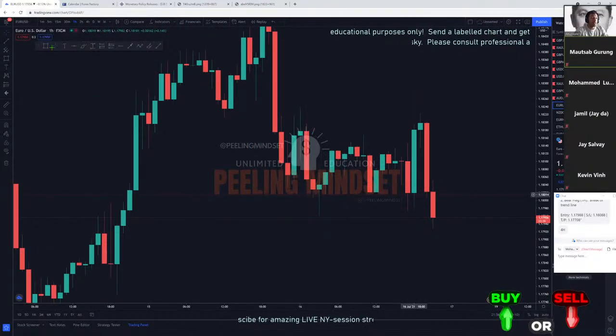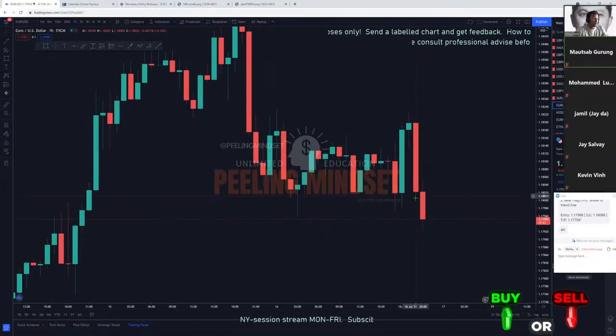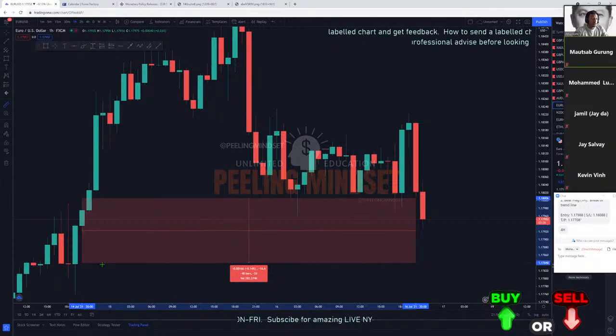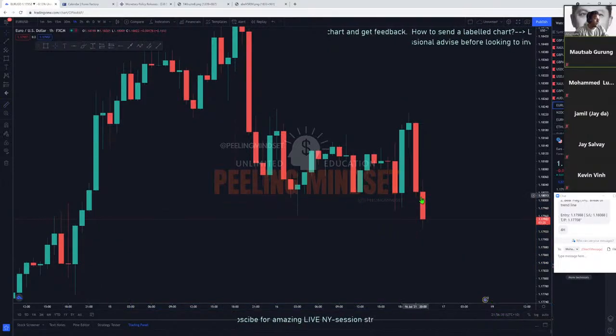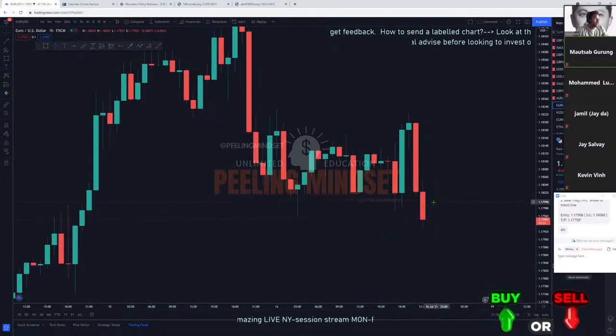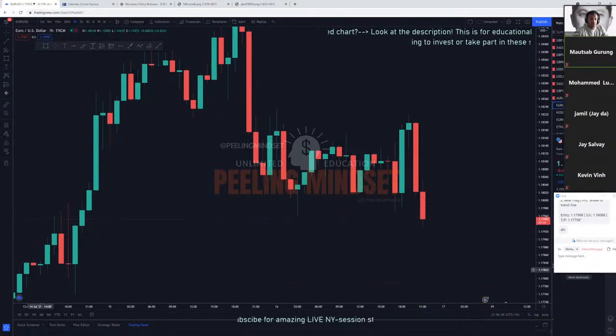Euro USD, looking at hourly structure alone, I mean, it has broken the previous hourly candle's low. There's a clear range on the downside, and if you're in some sort of profits, maybe try and secure around the time of retail sales. That's all I can say.